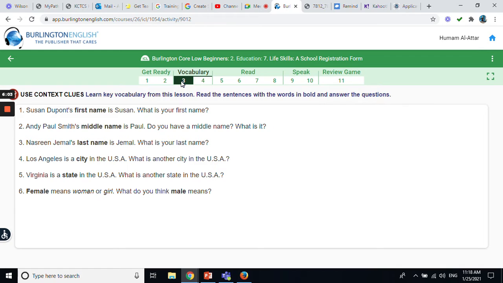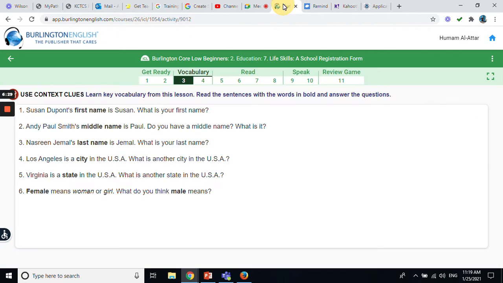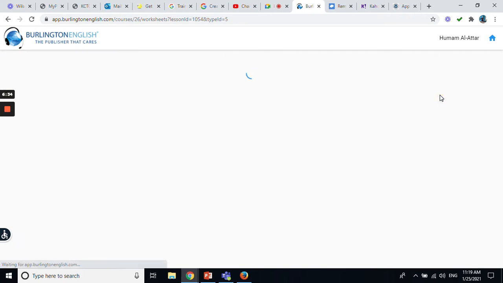Now, through this context, we are going to learn some vocabulary words. We're going to read these sentences, the words in bold, and answer the questions. If you go to your packet, these words should be available in your worksheet.